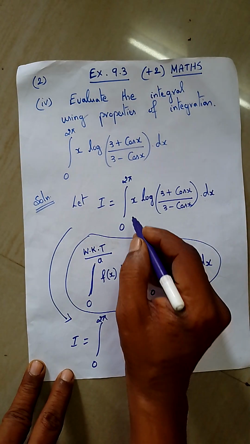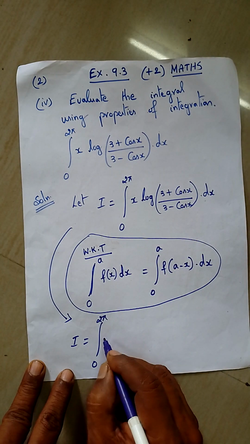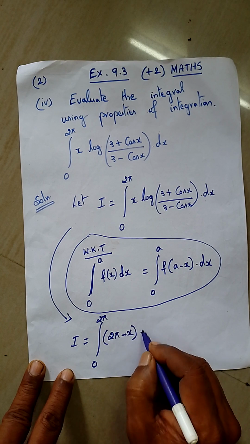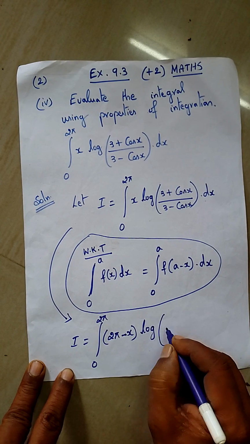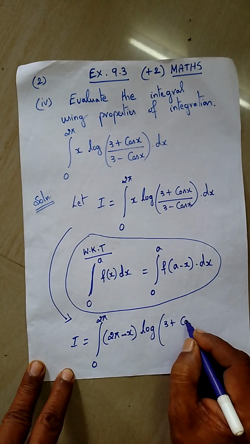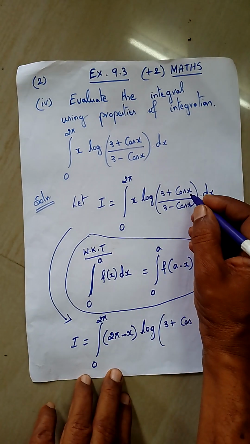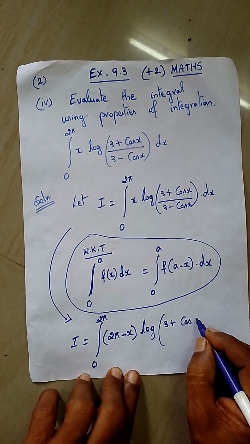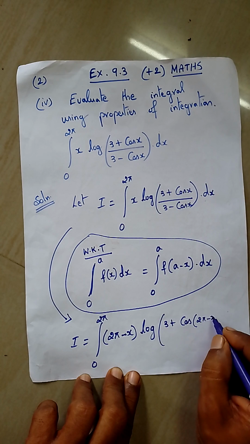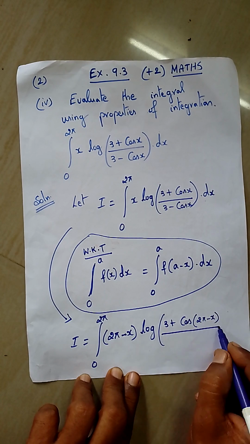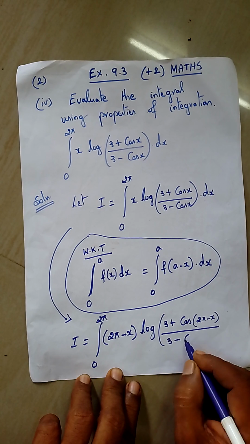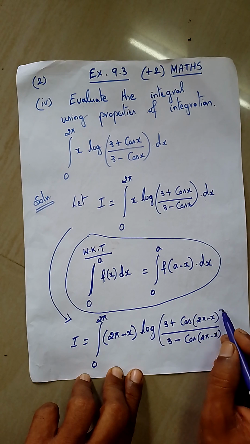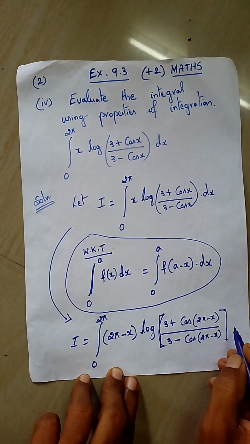Therefore, here we have x, so this will become (2π − x) into log((3 + cos(2π − x))/(3 − cos(2π − x))) dx.